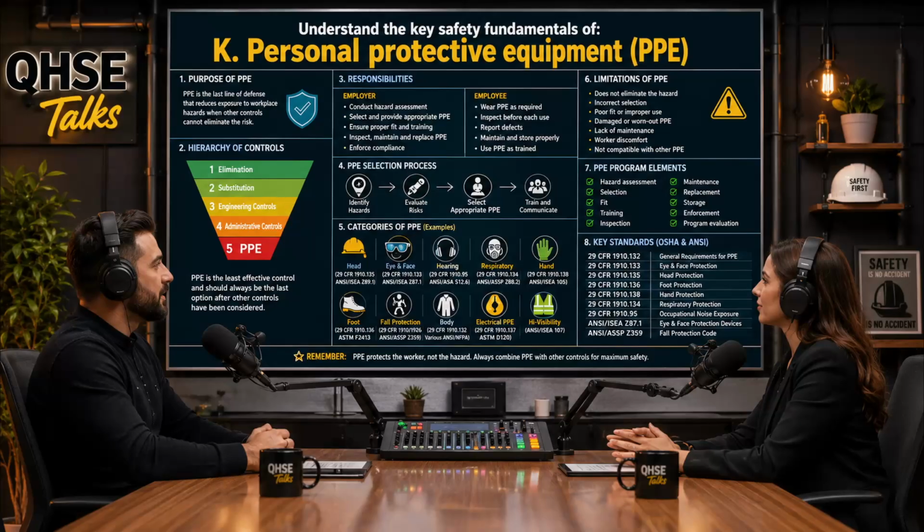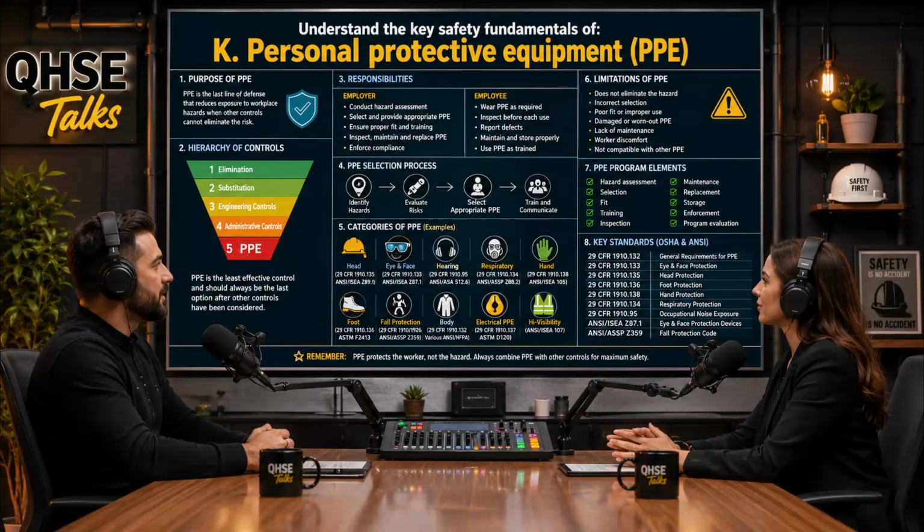Which requires the safety professional to be highly perceptive. You aren't just staring at a machine and checking a box. Not at all. You are modeling a complex biological and mechanical interaction. You have to visualize the environment. In an ambient temperature of 100 degrees, will sweat cause the workers' safety glasses to slide down their nose right when they need them? Will the noise of an adjacent pneumatic press prevent them from hearing a forklift backup alarm while they're wearing your mandatory earmuffs?